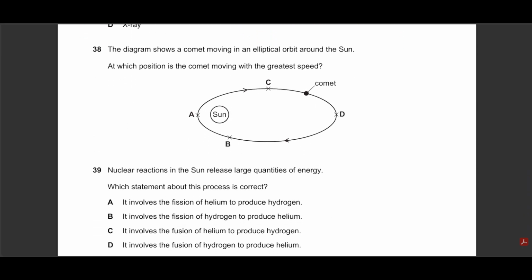Question number 38. He says the diagram shows a comet moving through an elliptical orbit around the sun, which position is moving at greater speed. Now, this is interesting because if you notice, this is where the comet actually starts moving from. Since it's moving away, it's like you've thrown an object away from the sun, or away from the surface of the earth.